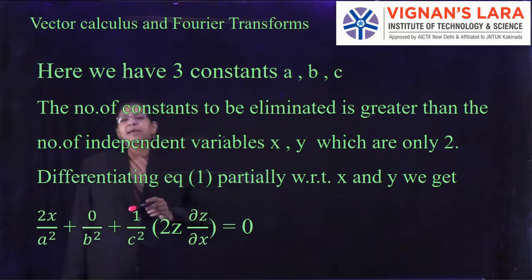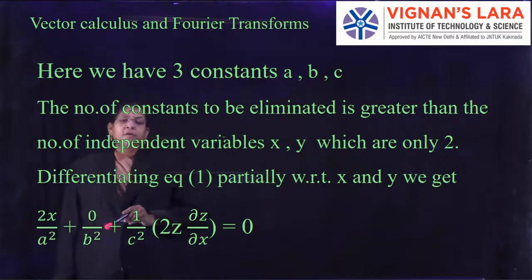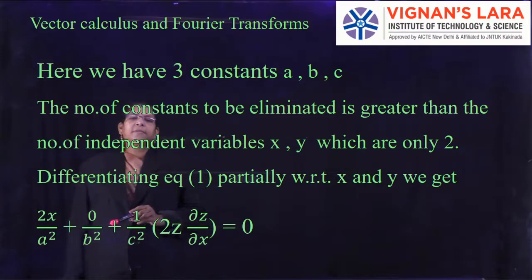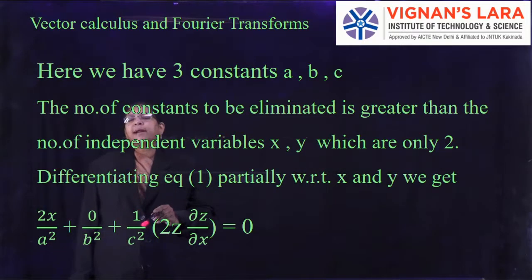What is equation 1? First term is x square by a square. What is the derivative for x square? 2x divided by a square. Plus what is the derivative for y square? We are differentiating partially with respect to x. So y square is a constant. So the derivative for y square is 0.